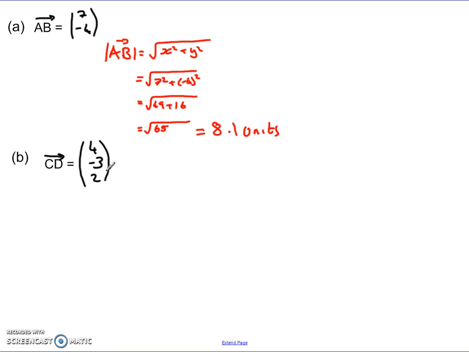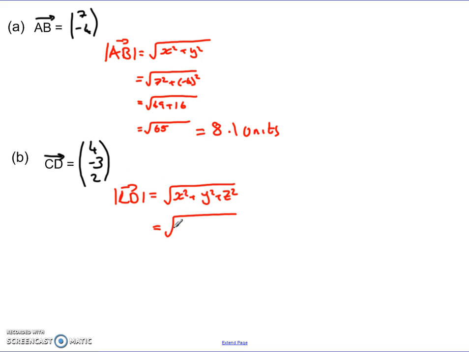Second vector, CD. Well, this is a 3-dimensional vector, but it's still the same basic logic. The magnitude of CD is still given by the sum of the square of each term and then the square root. It's just you've got 3 of them. So it's x squared plus y squared plus z squared. There's a third direction involved.